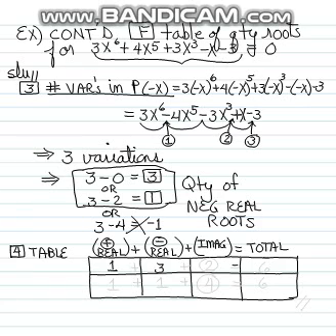Okay, now we know the total is going to equal 6 because it's a 6th degree polynomial. So if we have 1 plus 3, that makes 4, then we're going to have to add 2 more, and that's going to be the imaginary roots. And don't forget, imaginary roots come in pairs, because if you have one imaginary root, you automatically have the complex conjugate of that root. Okay, so 2 makes a lot of sense to me.